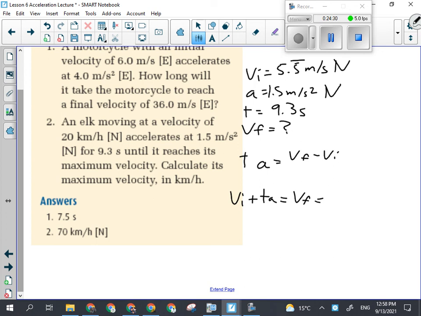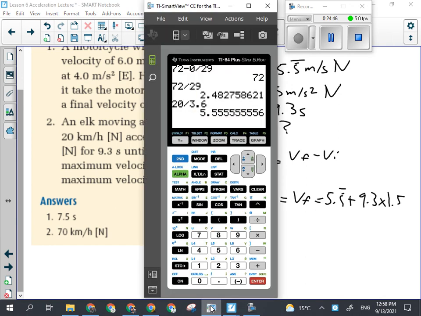So if I plug in my numbers, that's going to be 5.5 repeating, plus 9.3 times 1.5. This one you don't have to worry about order of operations. It's going to do it right no matter how you punch it into your calculator. Okay, so I'm going to take that number and I'm not going to try and type it in again. I'm just going to use it, plus 9.3 times 1.5.